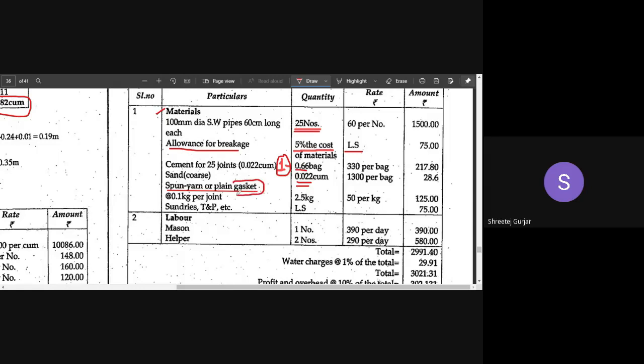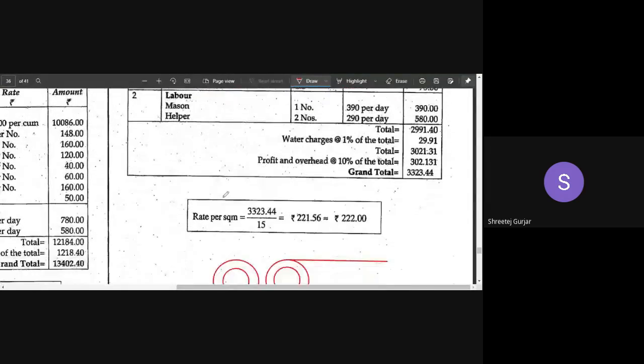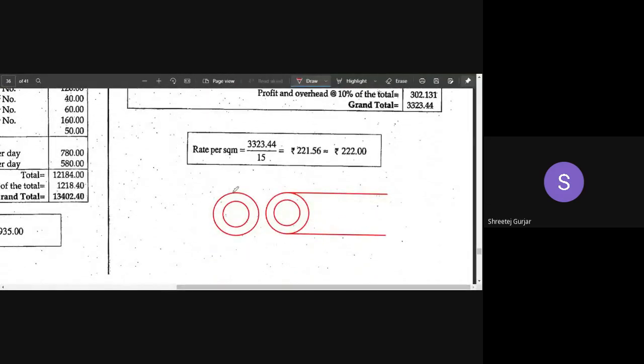Make sure you add this gasket in your quantity calculation. It is taken as 0.1 kg per joint. So we have 25 joints, so 0.1 into 25, we'll get 2.5 kg. Okay, so if you want to know what this gasket is, it is nothing but like this.